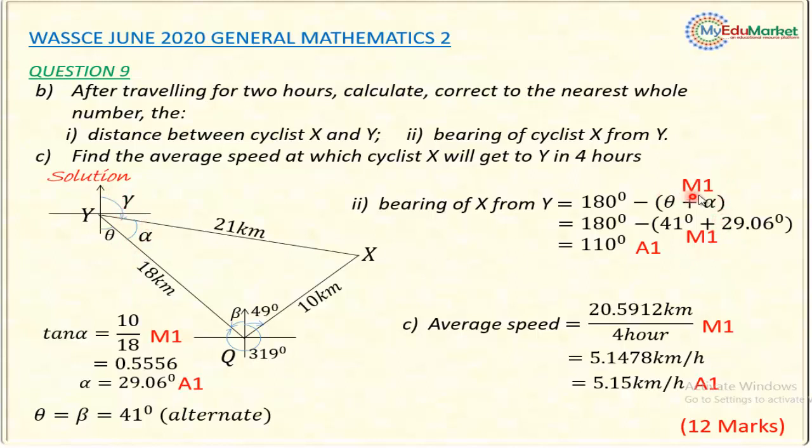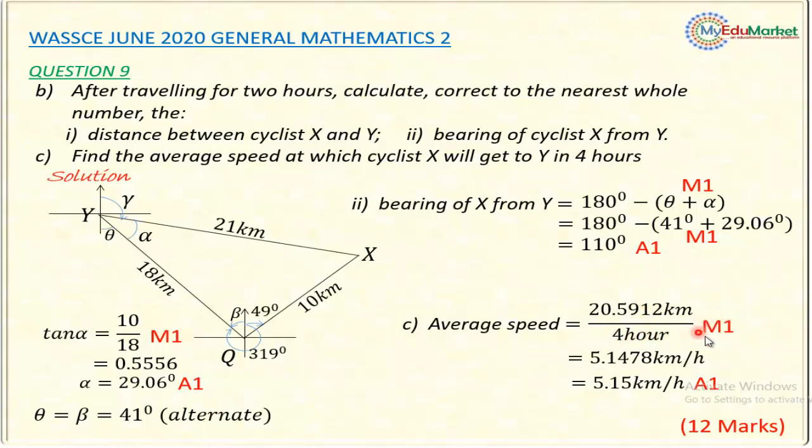So you have that method mark for adding alpha and theta. Similarly, for simplifying or trying to subtract from 180, you have another method 1 mark over here. And getting the bearing of x from y exactly 110 degrees to the nearest whole number, you have the accuracy 1 mark over here.